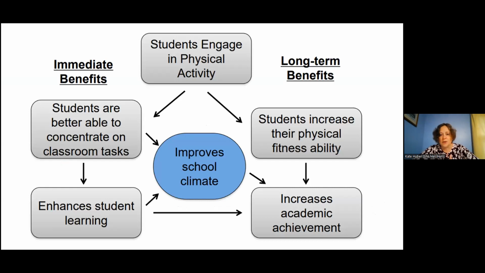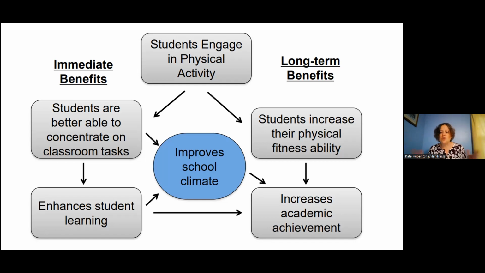So how does it really work? Well, when anyone engages in physical activity, some of those immediate benefits, it wakes up their brain, gets them ready to learn. Their brains are awake, they're able to concentrate, right? They can learn better. The long-term benefits: students increase their physical fitness, they're able to concentrate better and learn more, and their academic achievement goes up.